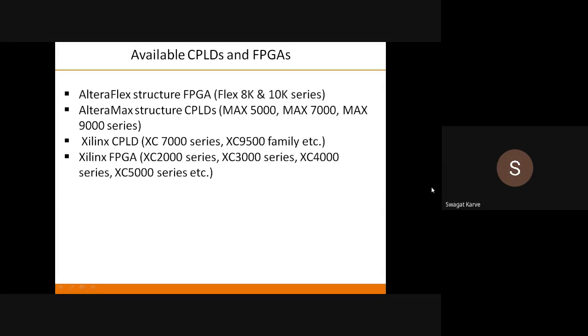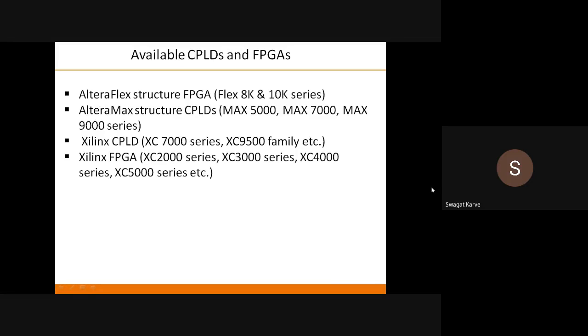Now in today's lecture, what do we have to study? We have to study different architectures of FPGA and CPLD that are available in the market. We have already discussed the categories of integrated circuits: full custom, semi-custom, and programmable logic. And in that again you have CPLD and FPGA.